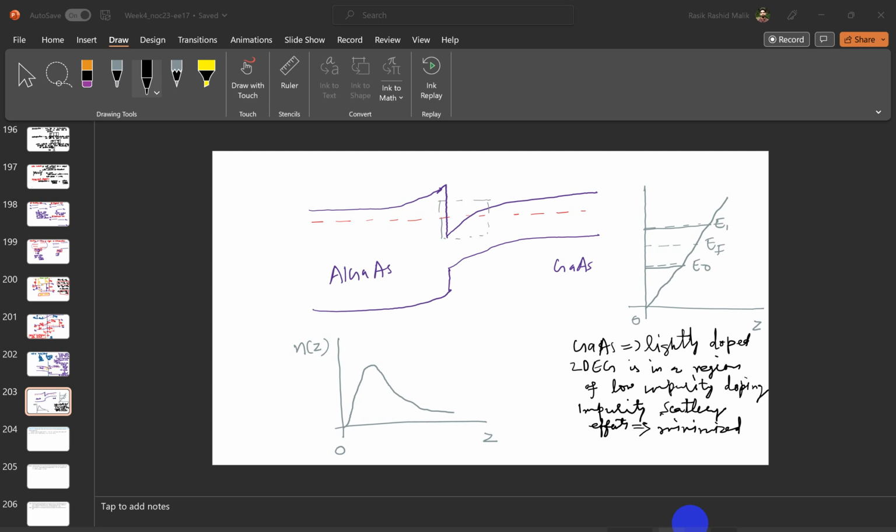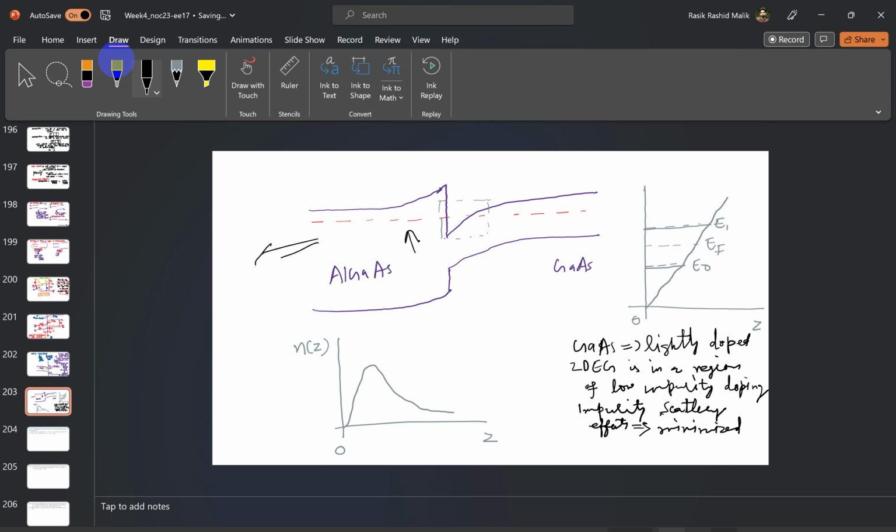This scattering we will still have at the interface: Coulomb interaction of the ionized impurities in the aluminum gallium arsenide. It is not the electrons which are here, but due to the doping of the aluminum gallium arsenide side, we can still have some Coulomb attraction of the ionized impurities.